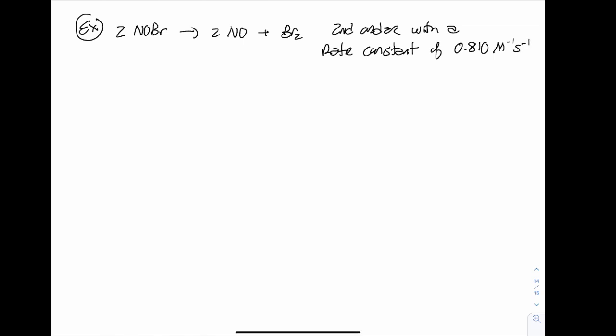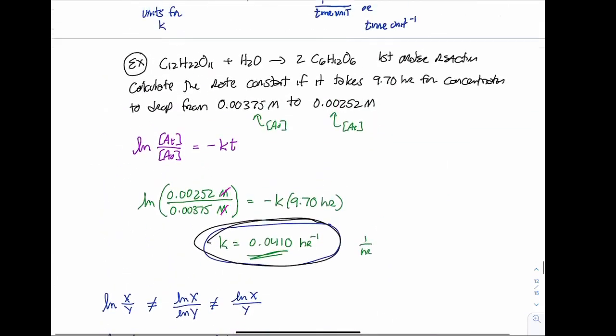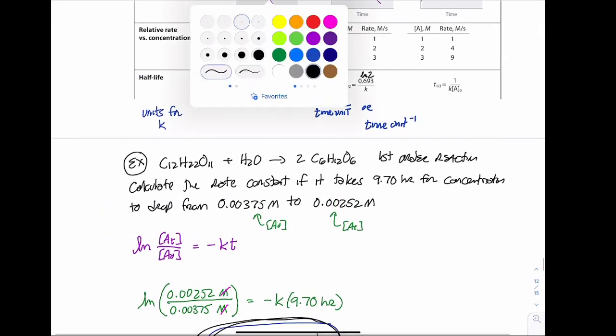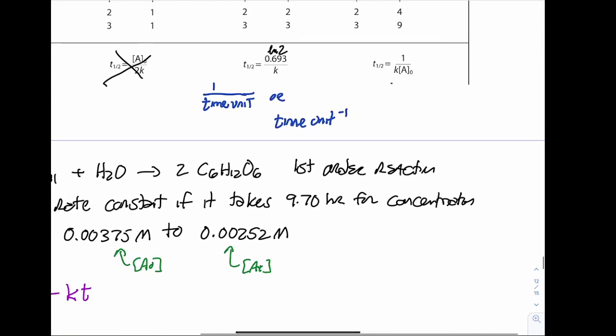So our units for a second order rate constant are always going to be 1 over concentration time. For first order, remember, it was just 1 over time. If we want to go back up to that table, let me make this a little bit bigger here. For this one, it's going to be 1 over molar, whatever my unit of time is. Could be seconds, could be hours, however we're measuring time, could be years.